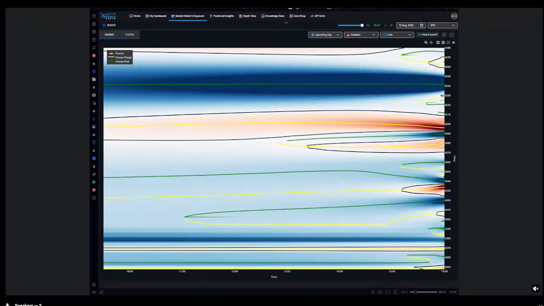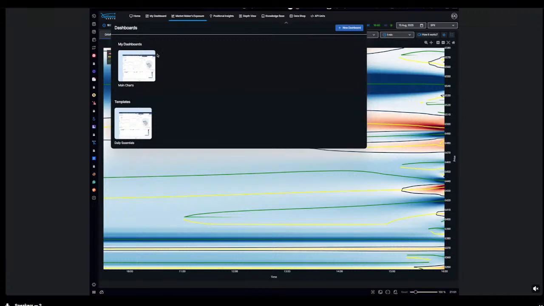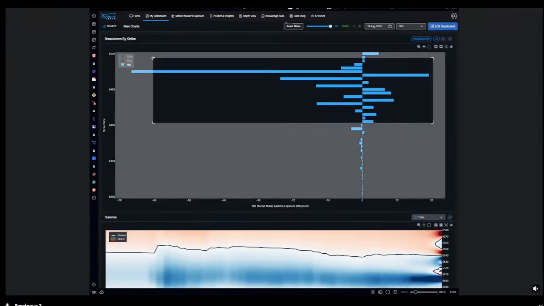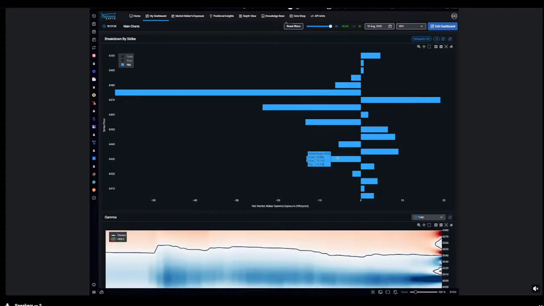What made us rally higher end of day today? I don't think we can see it on here now. End of day today was a little bit unusual.